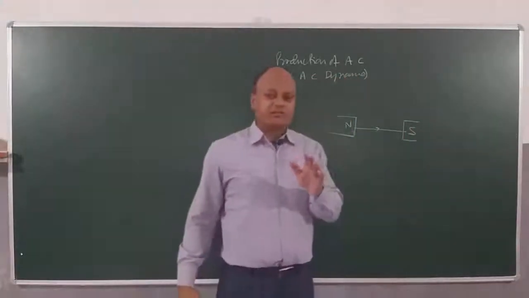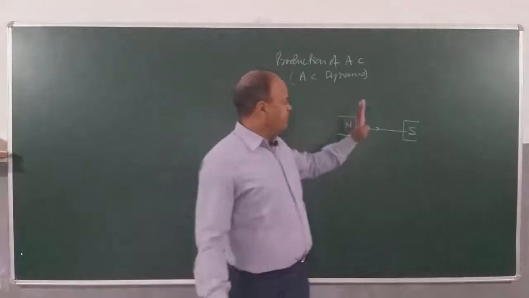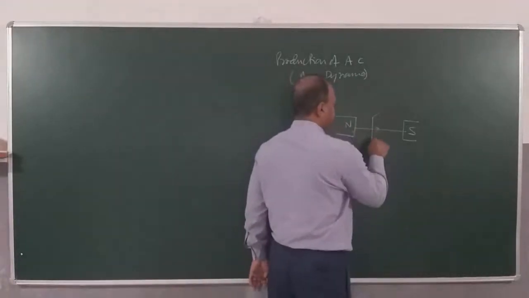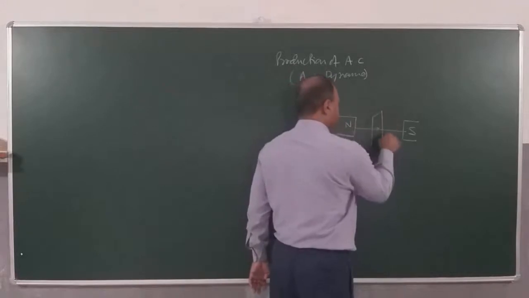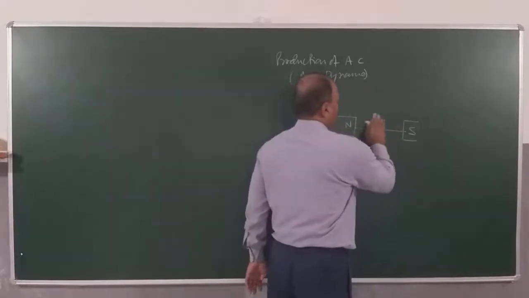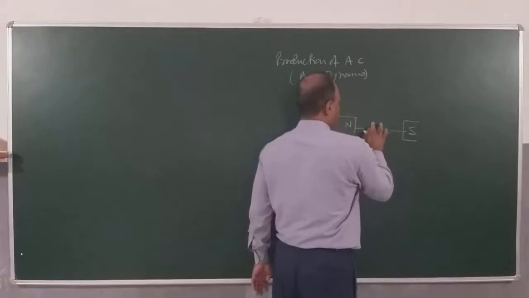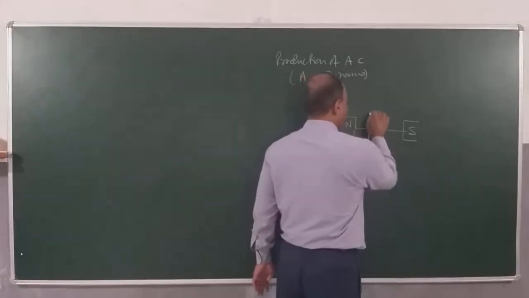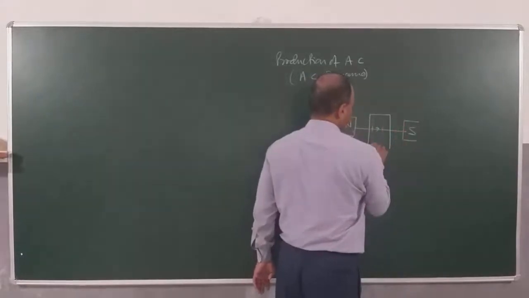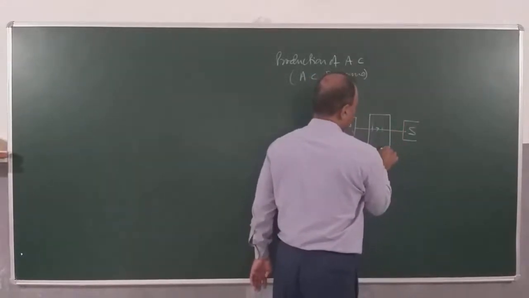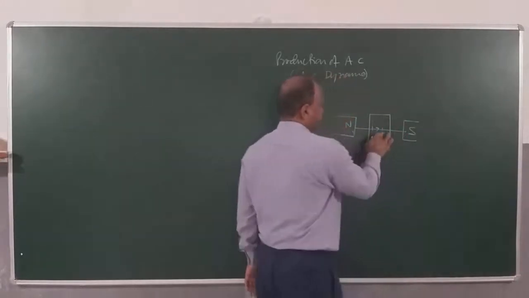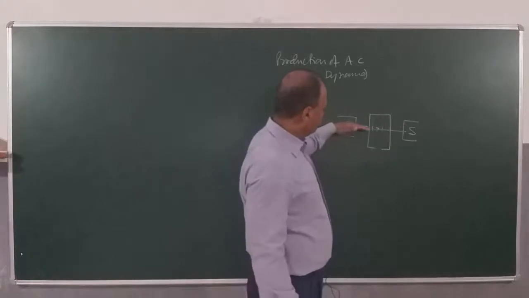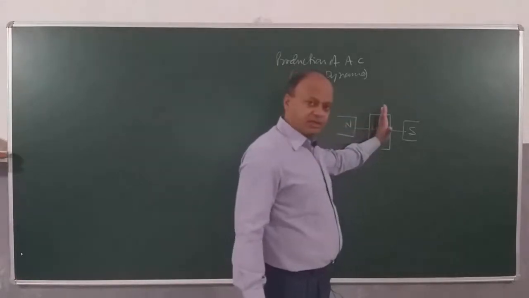Imagine a situation in which this palm is representing a coil. A coil has been placed here in a plane, or let us represent a normal coil. Imagine I place a coil here between the poles of this magnet. This is how the magnetic field is going, like this, and this is how I am placing the coil, right?